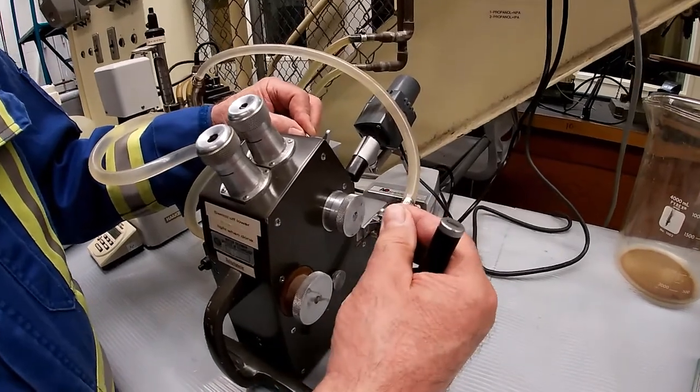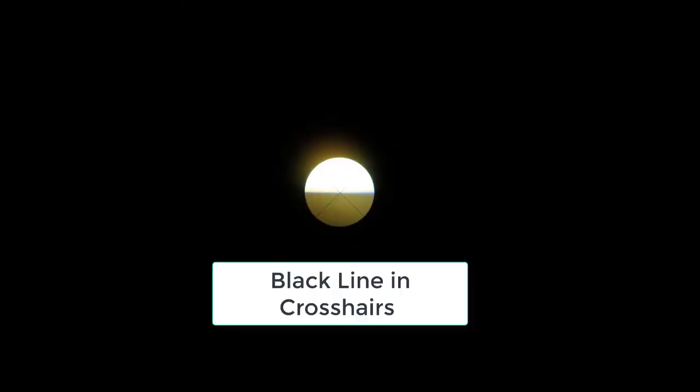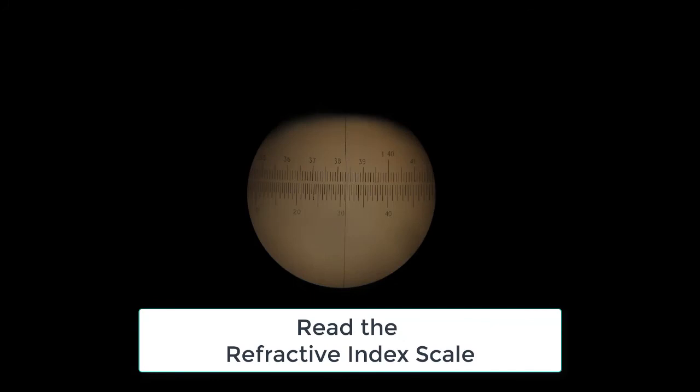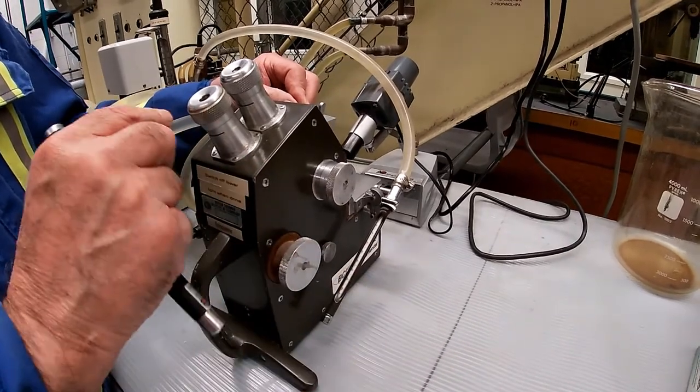You go back and forth until you find a center line, which is kind of black. That sets you in the right refractive index range.